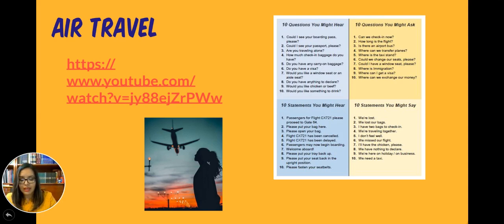Another one is, would you like a window seat or an aisle seat? Okay, window seat, so you can see all the sky maybe, or the clouds. Or the aisle is this place that you walk through to get to your seat. Okay, so this is the window and the aisle. So which one would you prefer?